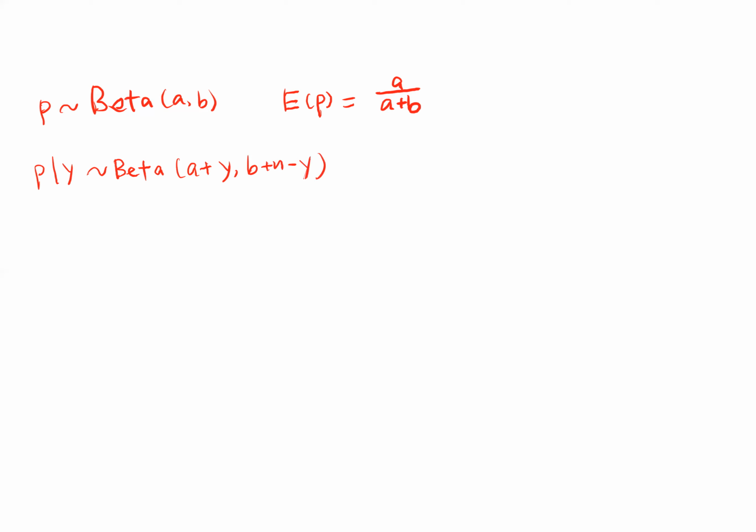Following the same formula for the mean, the posterior mean will be the new A, which is A plus Y on the top, divided by the sum of these two, where the negative Y and positive Y cancel. So it's A plus B plus N. This is the prior mean, and this is the posterior mean.